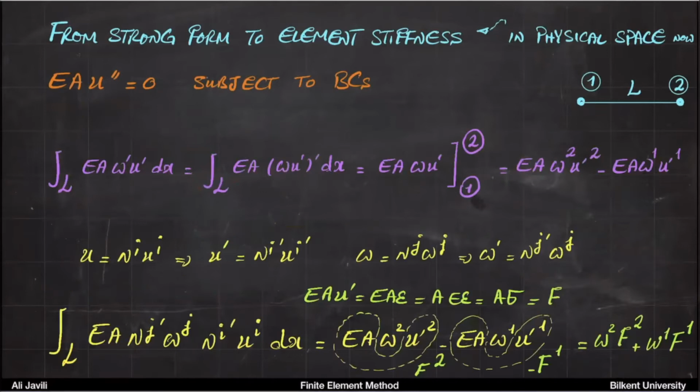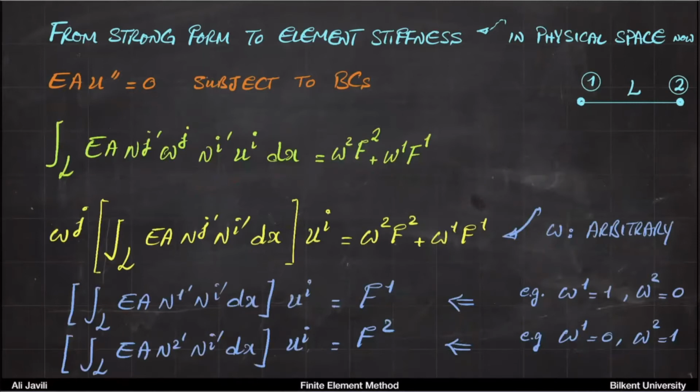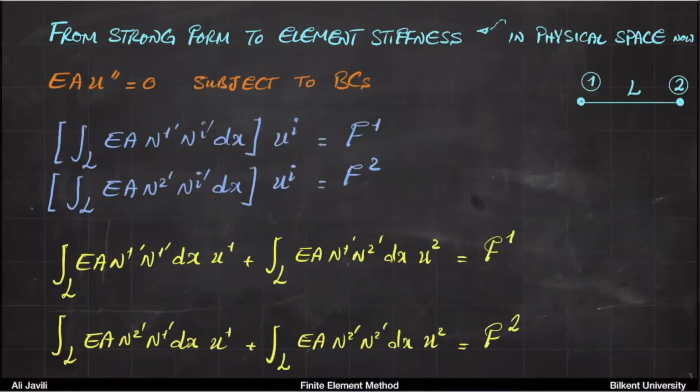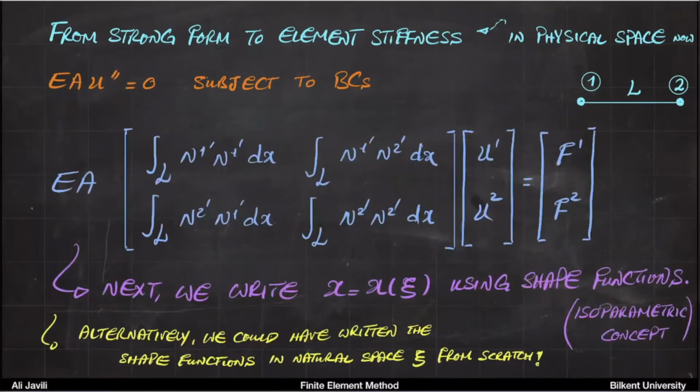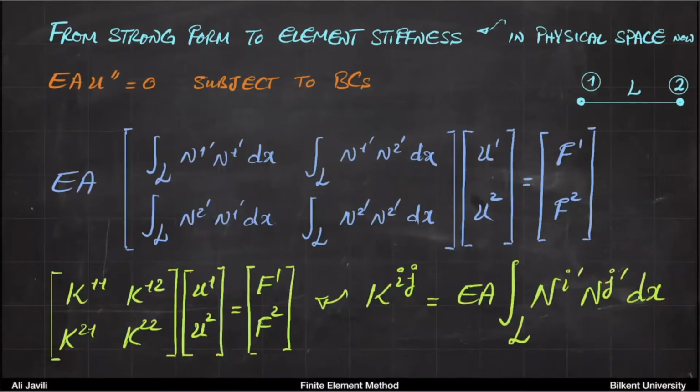After that, you just reorder the terms, you identify the forces, and then you put all these equations together, and using the arbitrariness of those test functions, W's, you end up with this form which looks like a matrix times displacement equals forces. So this reminds you of your Ku equals F, and that would be exactly your stiffness matrix. Now, each component of the stiffness matrix is calculated like this.